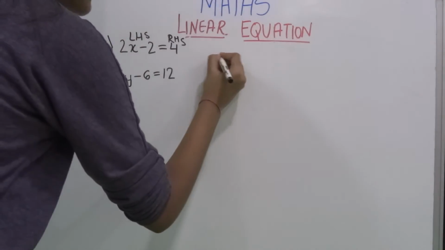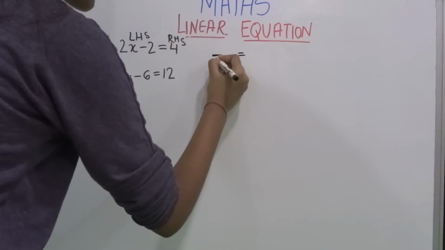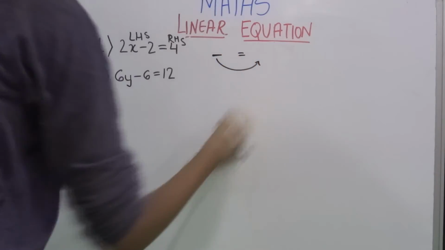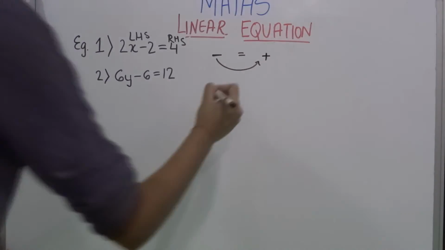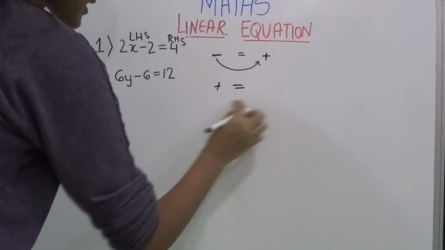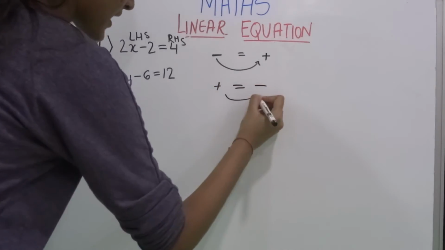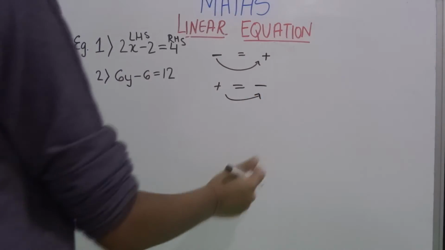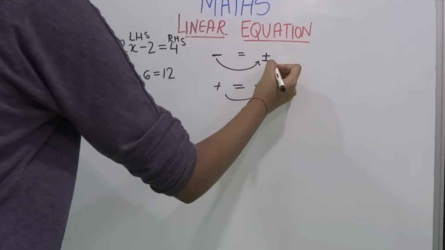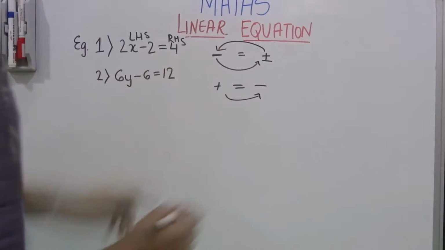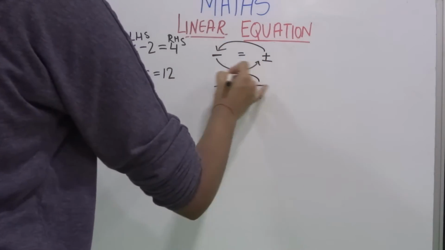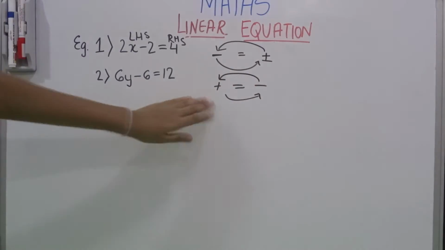Like if there is a minus number going from left hand side of the equal to sign to the right hand side, it will become positive. When a positive number is going from the left hand side to the right hand side, it becomes negative. And it happens opposite. When a positive number is going from right hand side to left hand side, it becomes negative. And when a negative number is going from right hand side to left hand side, it becomes positive.